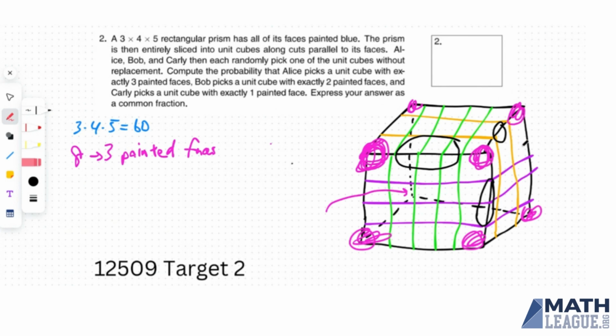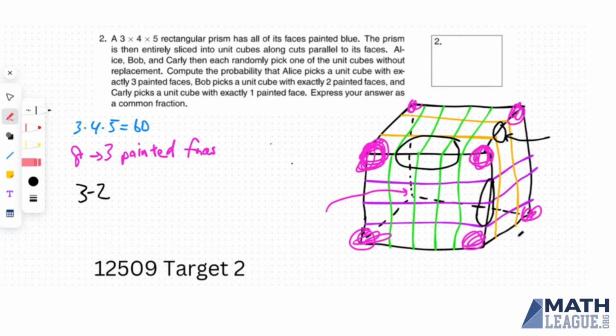Now, how can we figure out the number of unit cubes that have 2 painted faces? Well, recall that in a rectangular prism, there are 12 edges, 4 of the length, 4 of the width, and 4 of the height. From the length, width, and height, we have to subtract 2, because there are 2 corner cubes on the ends. So on an edge of length 3, there are going to be 3 minus 2, which is 1, that one right there.